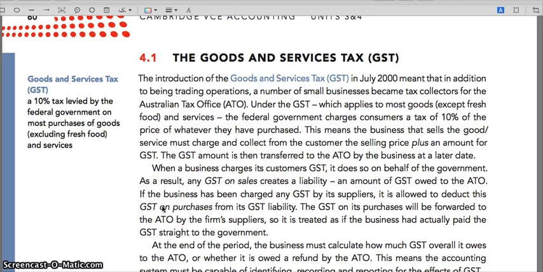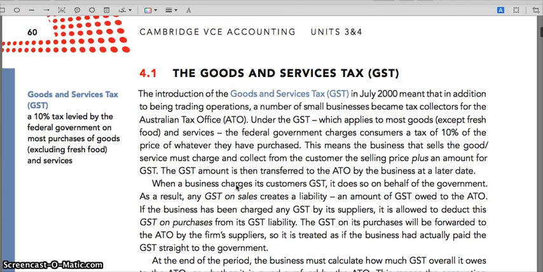This one will involve the goods and services tax, or the GST. Since its introduction in July 2000, essentially what it means is a consumer tax of 10% on anything that's purchased, apart from a few items, including fresh food. You charge 10% tax on that transaction.